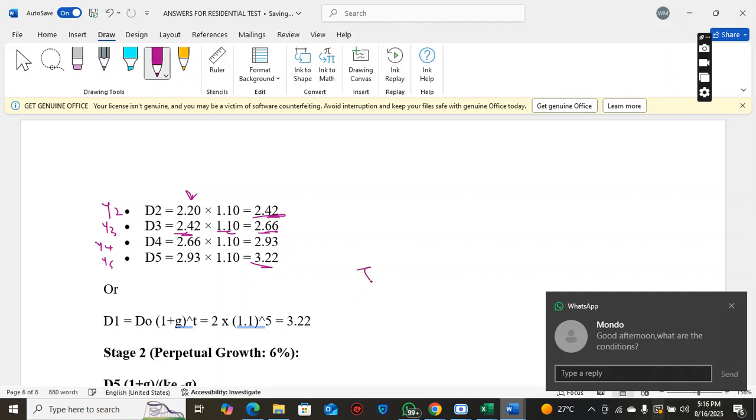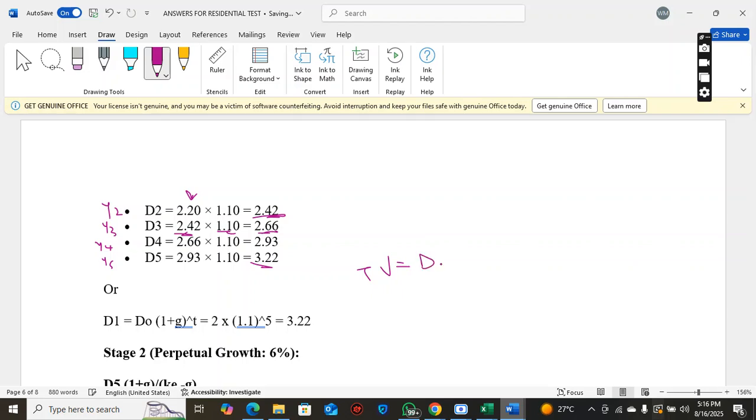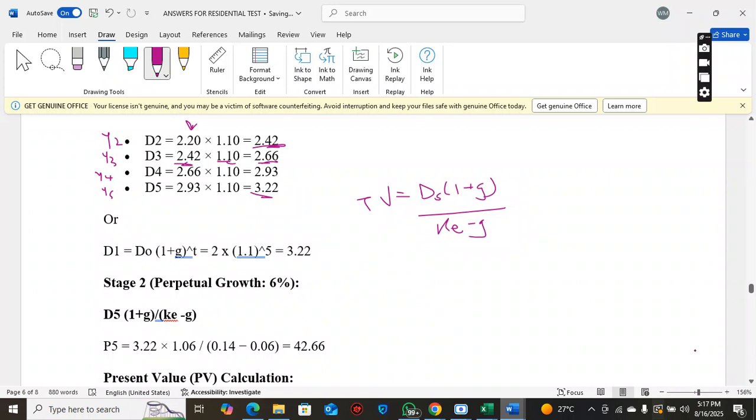So the terminal value, remember, it's the latest dividend, which is paid in year 5, times 1 plus the growth rate, over the cost of equity minus the growth rate. Which is done here. The dividend for year 5, 3.22.